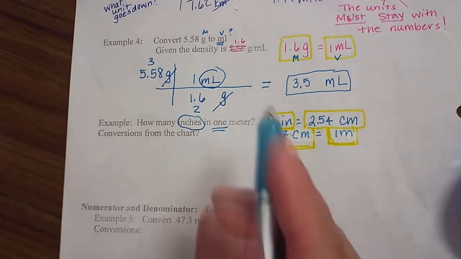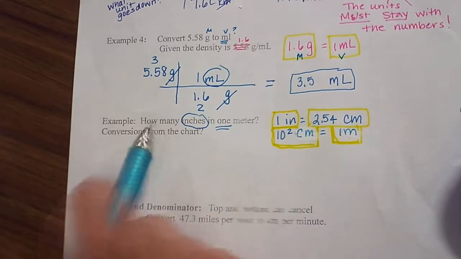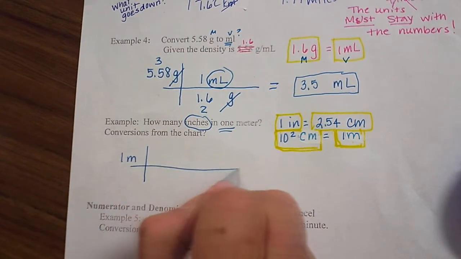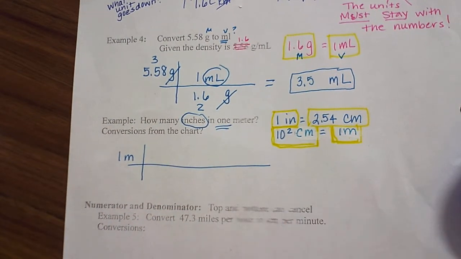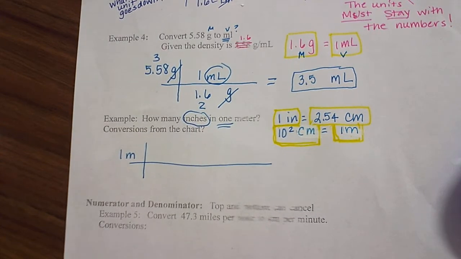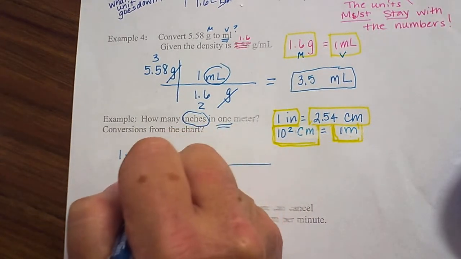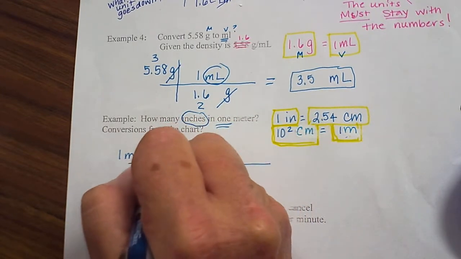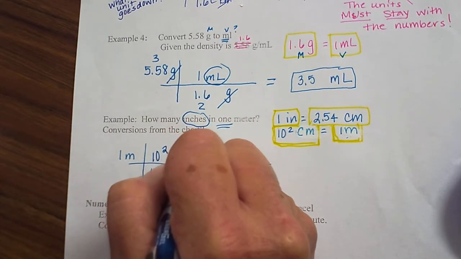First, I'm going to start with 1 meter, and I'm going to end with inches. So here's my 1 meter. What unit goes down? Well, the meter goes down, so 1 meter goes down, and then what's going to go on top is 10 to the 2nd centimeters.